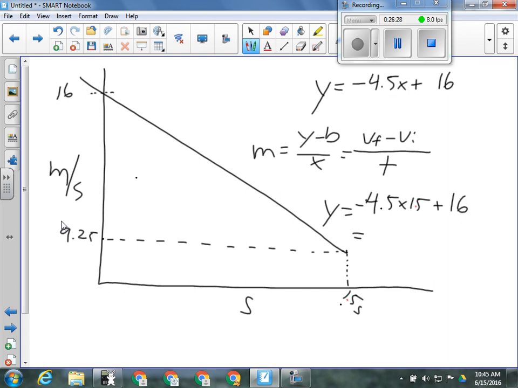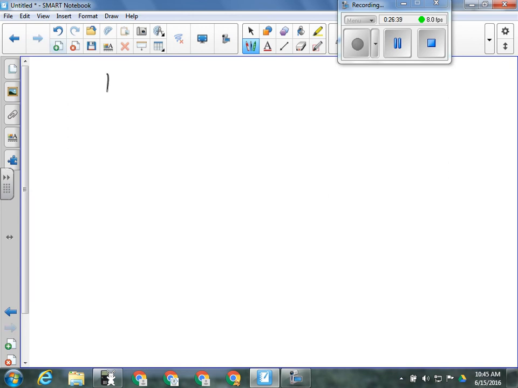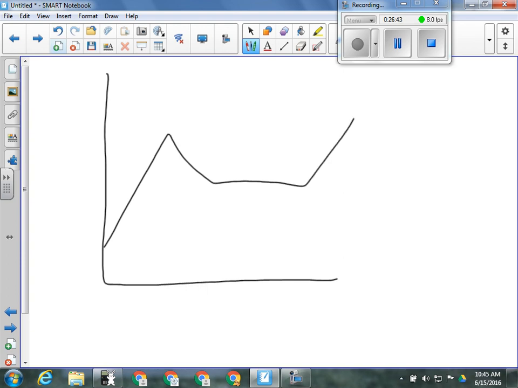There could be some in the multiple choice and some in the written. So there's a possibility there's more than two graphs. Yes, there could be. So there could be a graph like this where it goes something like that.